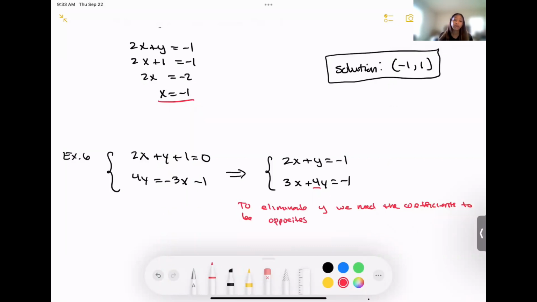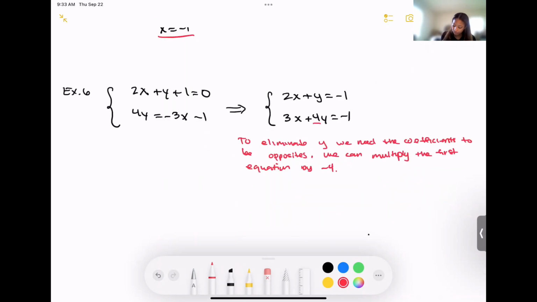Right now we have a 1 and a 4. To force them to be opposites, we can multiply the first equation by -4.